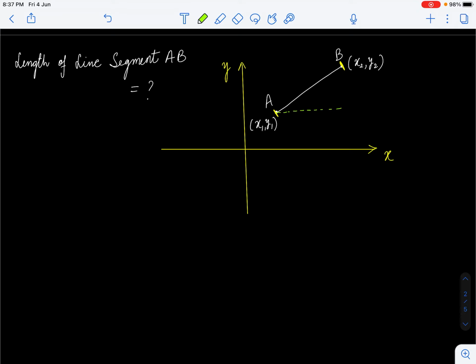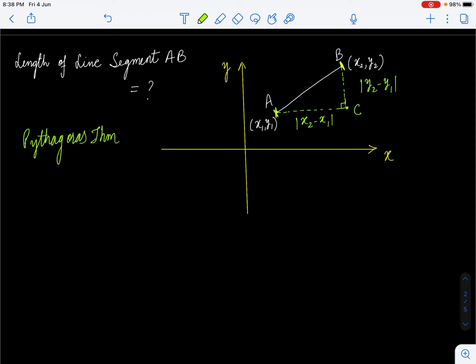I will make a right angle triangle here. Let's call this point C. So AC will be x2 minus x1, and BC will be y2 minus y1. So we know the AC length and BC length. Now you can find the length AB using Pythagoras theorem.